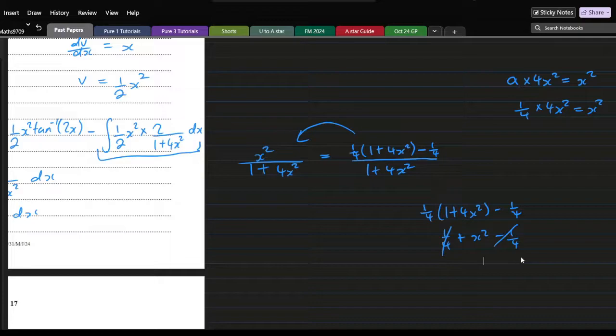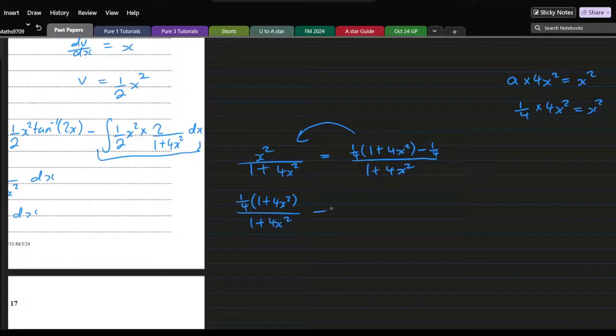Alright, so now that that's out of the way, we can go ahead and distribute our denominator. So this is a quarter times 1 plus 4x squared divided by our denominator 1 plus 4x squared, minus this 1 over 4, and that is being divided by our denominator of 1 plus 4x squared.